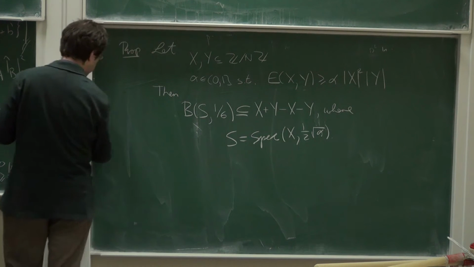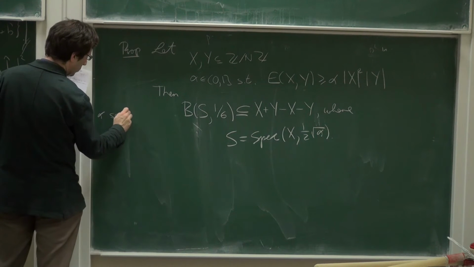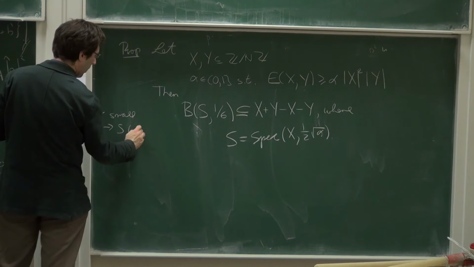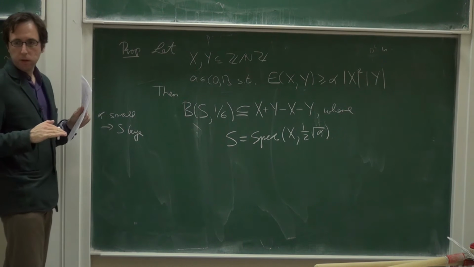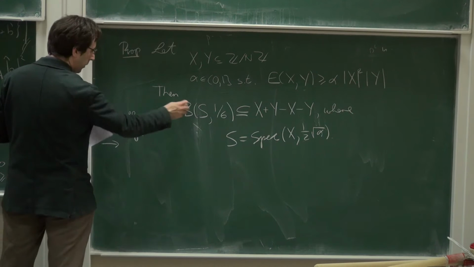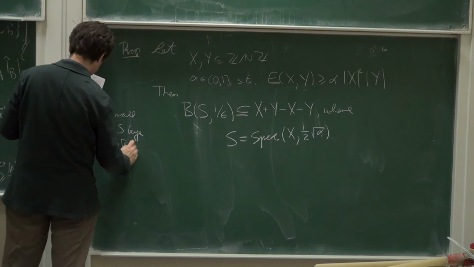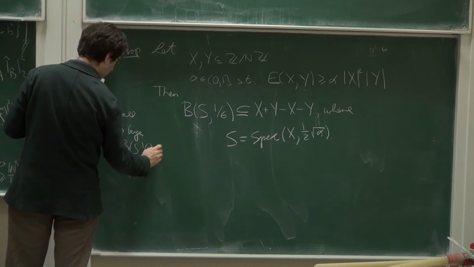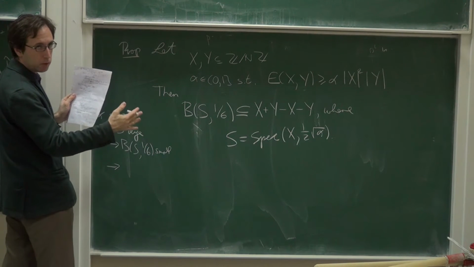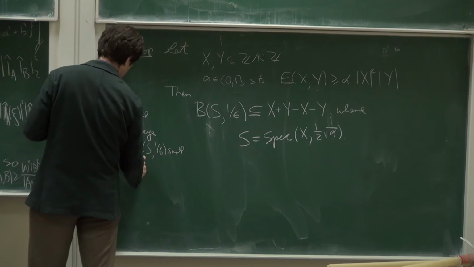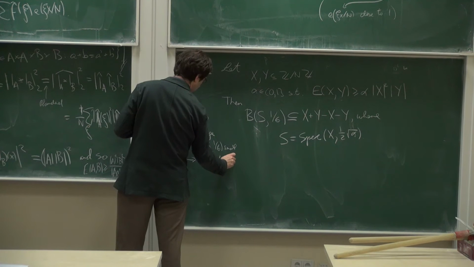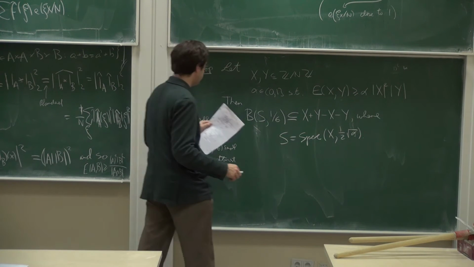Just so that everything is clear: alpha small would not be good, because alpha small means S large. The smaller the level, the larger the alpha spectrum. And if S is large, then the Bohr set gets smaller and smaller. And of course, containing a small set is a weaker statement than containing a large set. So as I said, this statement is particularly strong when alpha is large.